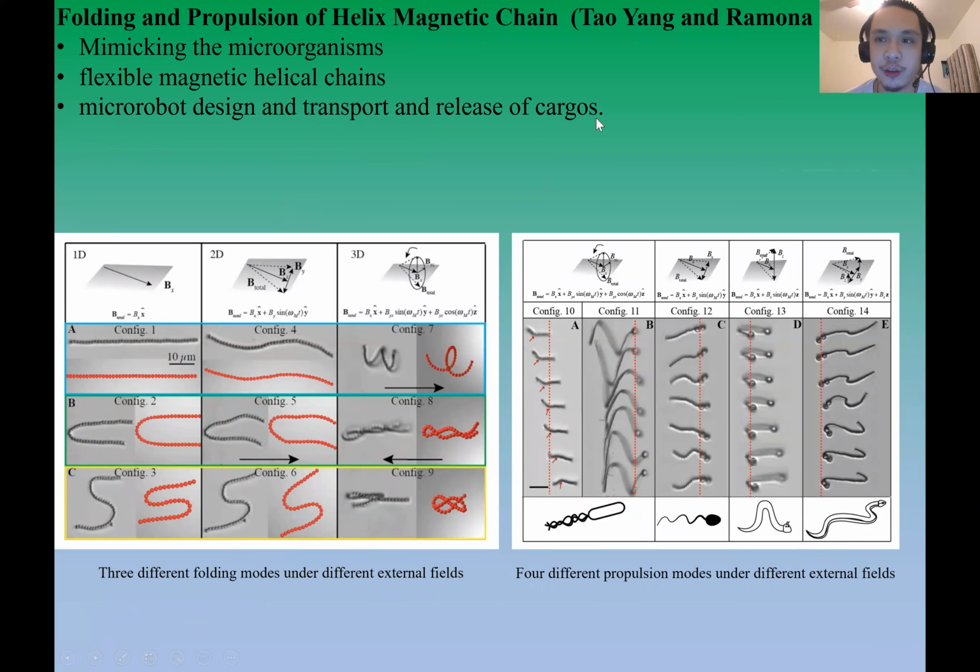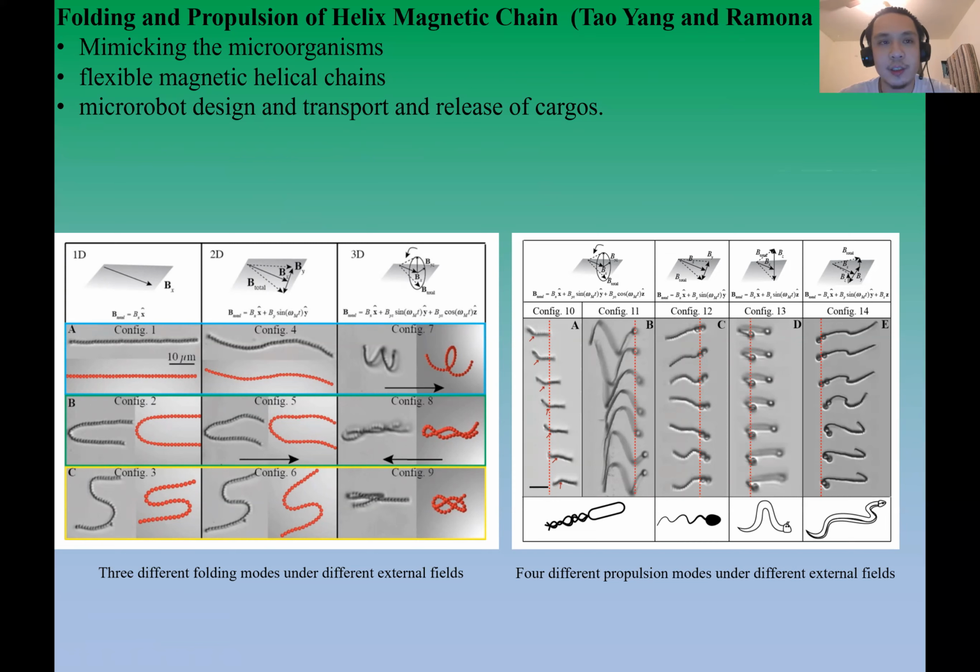The third project is called folding and propulsion of helix magnetic chain. One of the very meaningful applications for colloidal research is that people are trying to mimic the motions of microorganisms, because small particles have difficulty moving in a low Reynolds number environment.